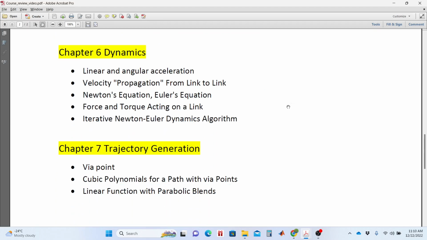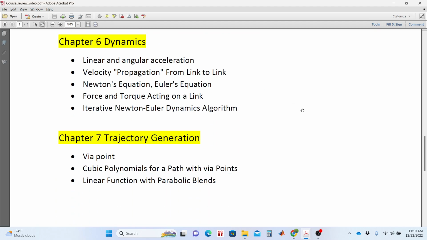In chapter 6, the dynamics, the linear and angular acceleration is covered, and we actually learned a method called velocity propagation from link to link.